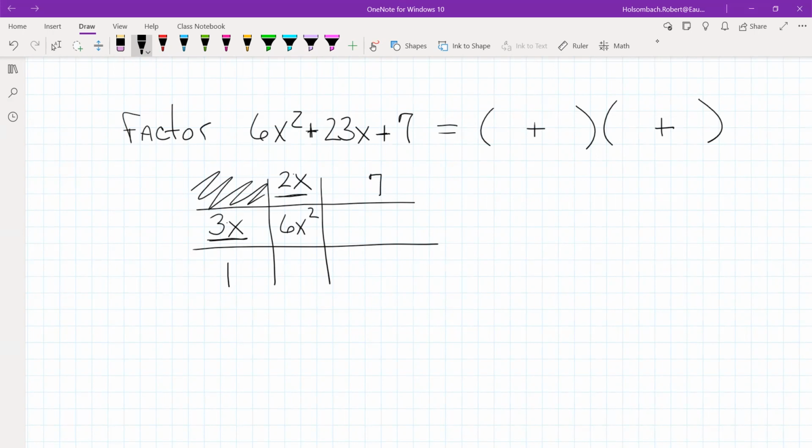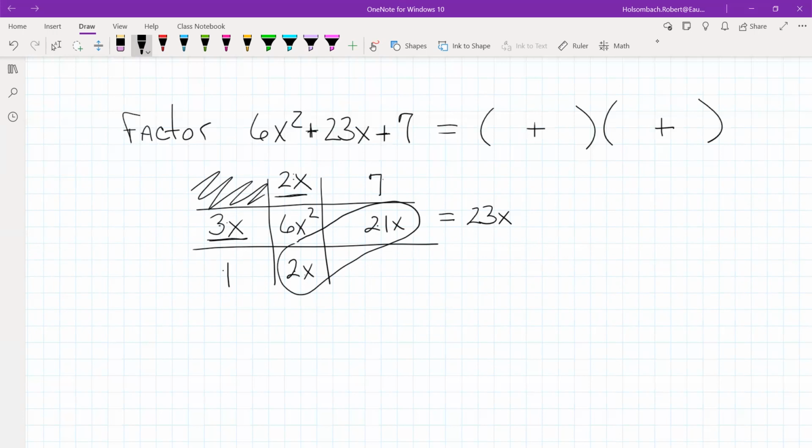And now I'm going to check them. And here's how I check them. I take 7 times 3x, and I get 21x. And then I take 2x times 1, and I get 2x. And what is the sum of 2x plus 21x? 23x.